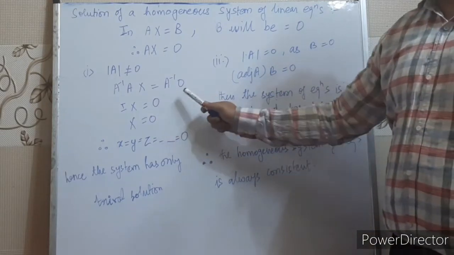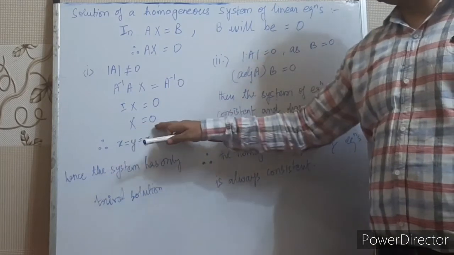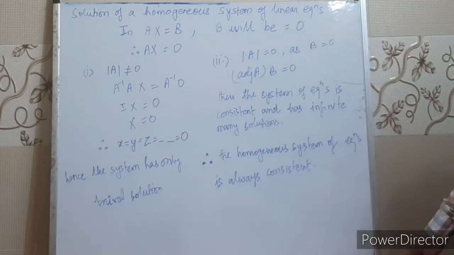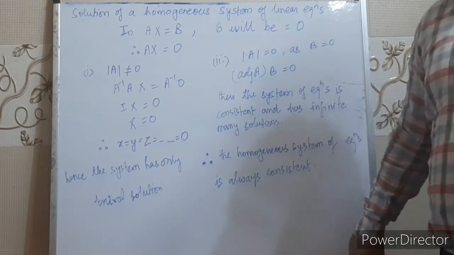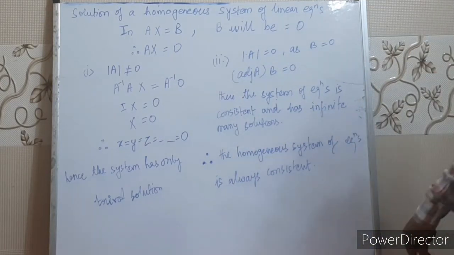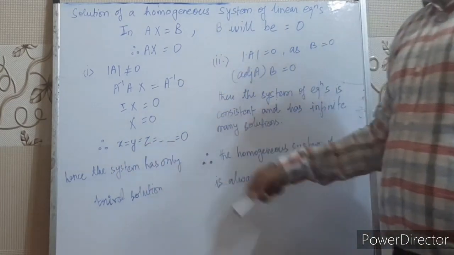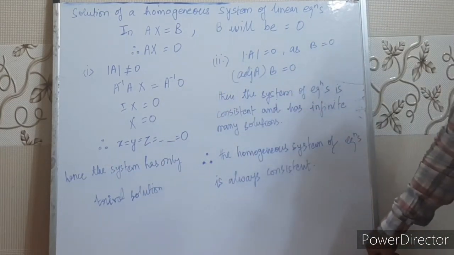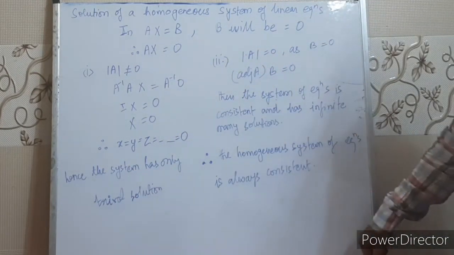And on the other side, A inverse into a null matrix gives a null matrix. So the value of X matrix will be a null matrix. The X matrix contains the variables x, y, z, and it could be n variables, x1, x2, x3 up to xn. So all the variables will be 0. Then we say that the system has only the trivial solution, right?